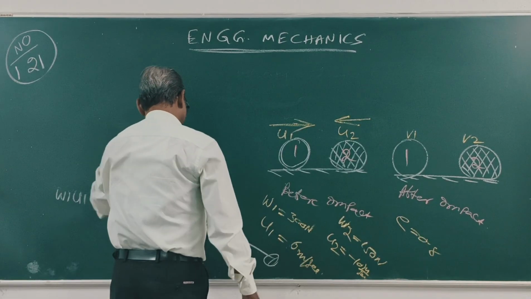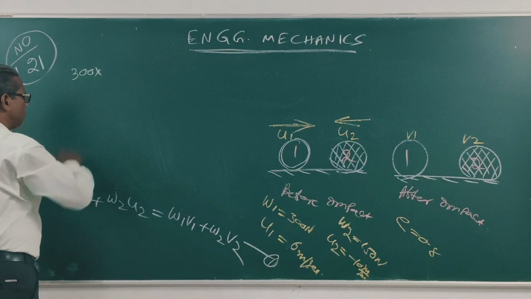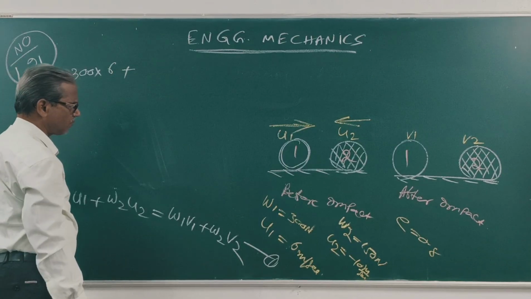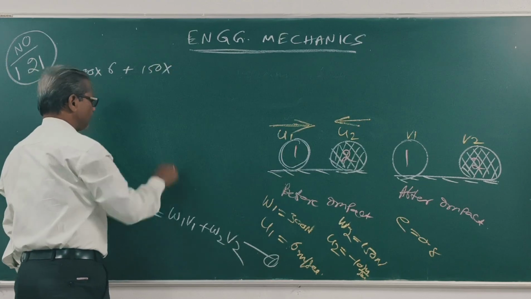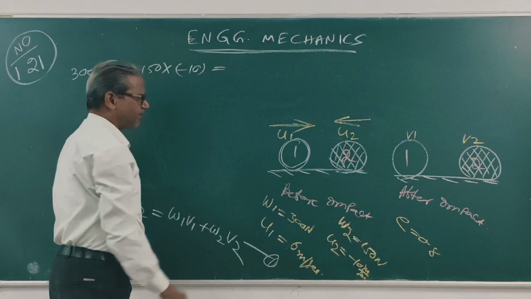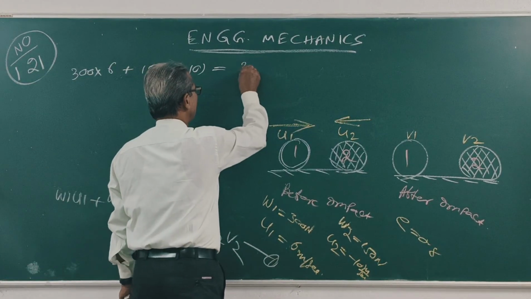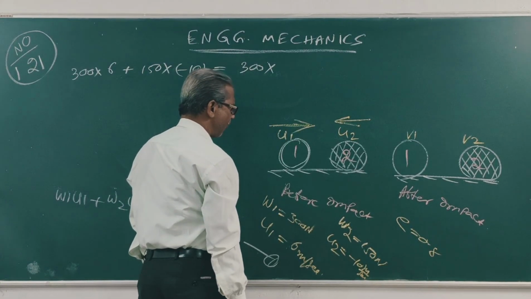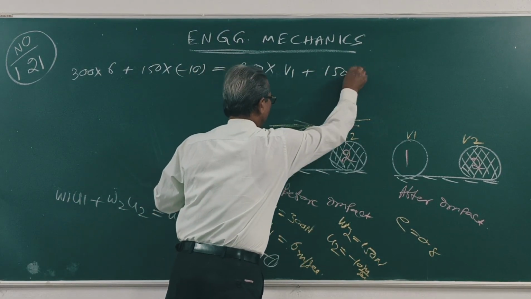Put the values in equation 1. W1 is 300 into U1, 6, plus W2, 150 into U2, minus 10. Clear? W1 V1, 300 into V1, plus W2 V2, 150 into V2.